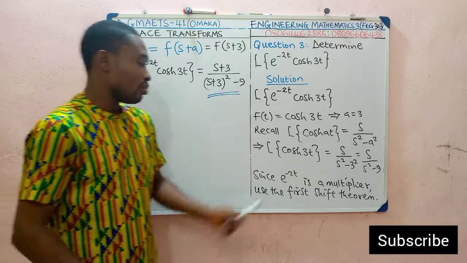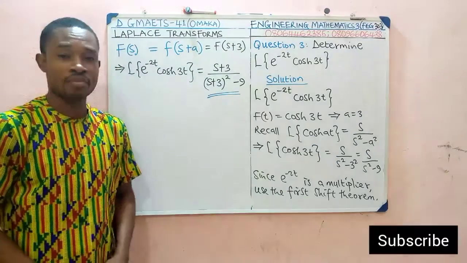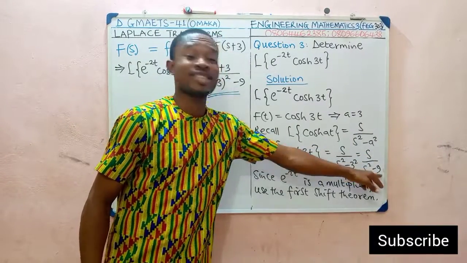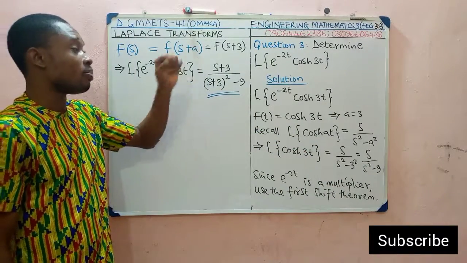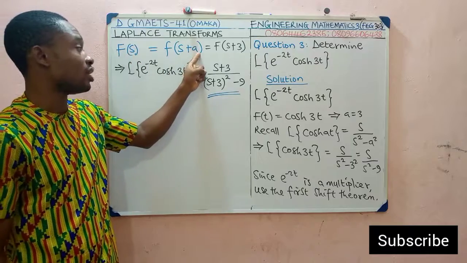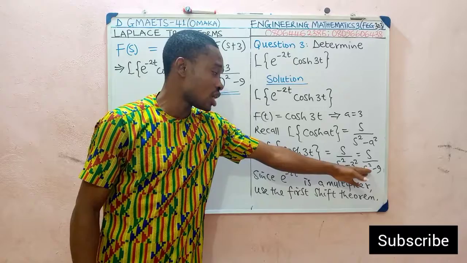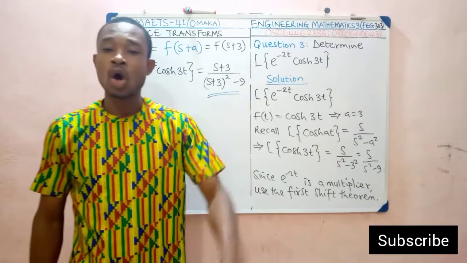Take note. Because exponential minus 2t is a multiplier, we use the first shift theorem where f of s, and what is our f of s? S all over s squared minus 9 will now become equal to f of s plus a, replacing this s with s plus a, and we know that a is what? 3. So go to this solution and fix s plus a, that is s plus 3 for all s.